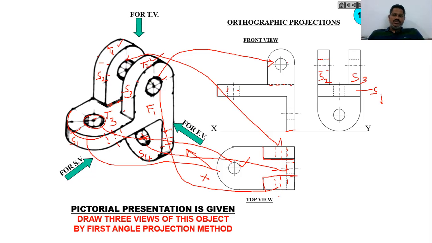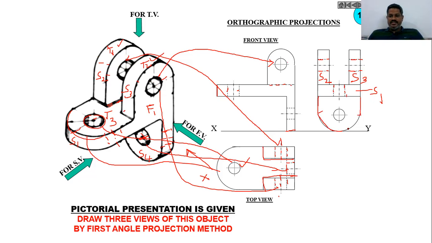So these two holes you cannot see, so we need to represent them as a dotted line like this. And finally, this hole also we cannot see, that also we need to represent as a dotted line with the given dimensions. And at the bottom of this rectangular surface, we have one more curved surface.